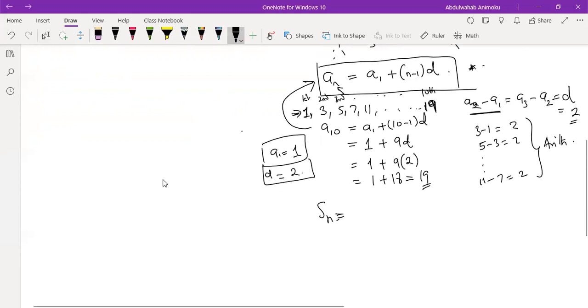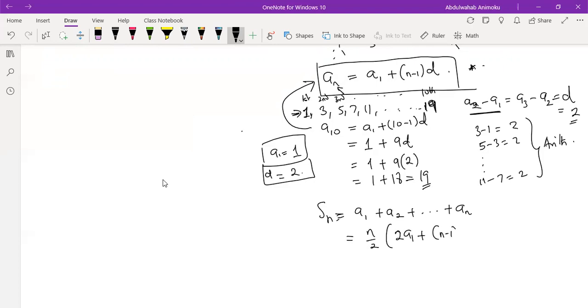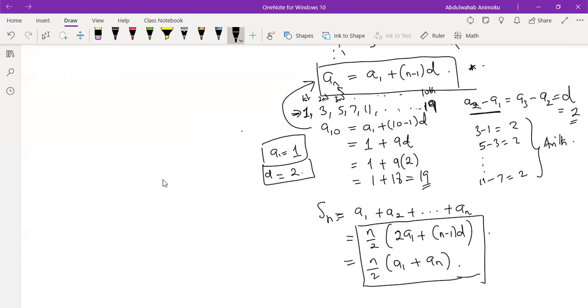It means that if I add all the terms from the first term up to a certain n, this sum would give us n over 2 times 2 A1 plus n minus 1 times D. So this is the formula. It's either this or the other one, which is A1 plus AN. You need to also memorize this formula. They will come very handy in solving problems that have to do with arithmetic sequences.